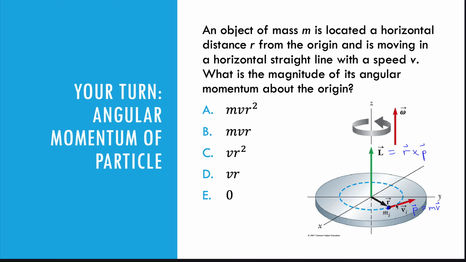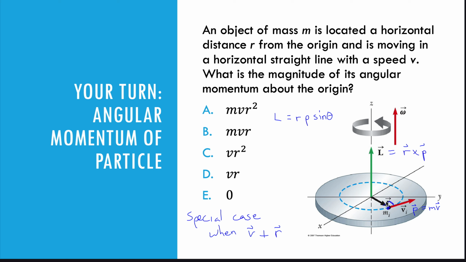It turns out in this example, and it may not have been really clear, that v is perpendicular to r. This is a special case, and you should definitely take a note of it. Special case when v is perpendicular to r. Let's go ahead and use our definition of the angular momentum: r p sine theta.